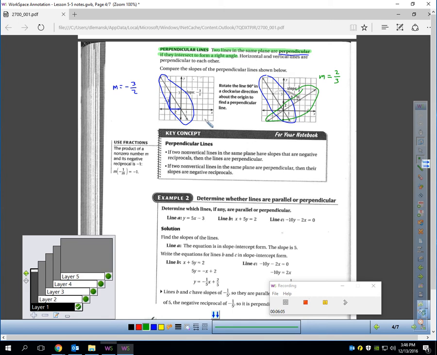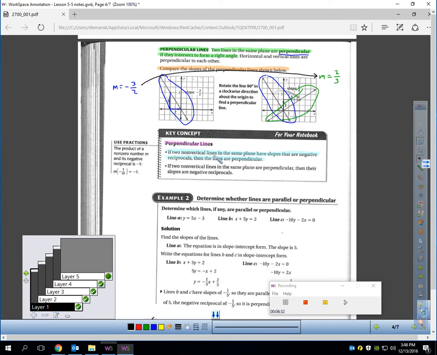Compare those two. You notice, if I take this slope and I flip it over and change the sign, I get that slope. So let me say it again. If I flip this over and change the sign, I get this slope. All right? Let me speak that in a more mathematical way.